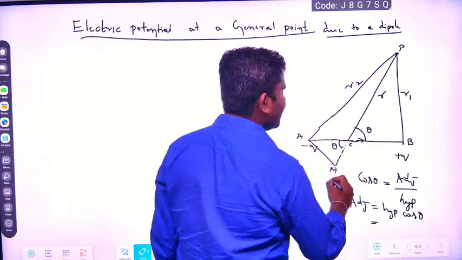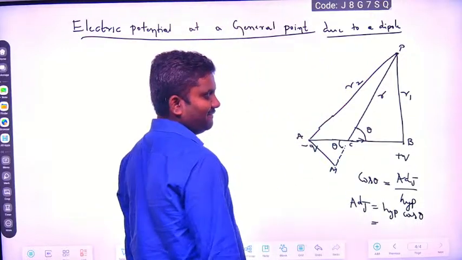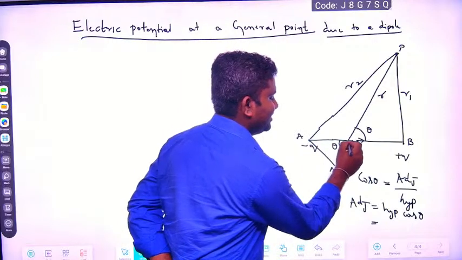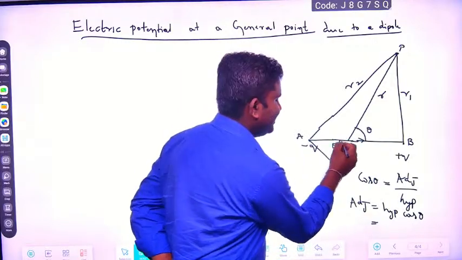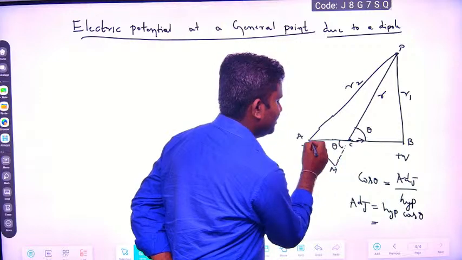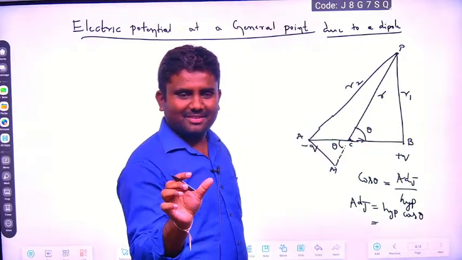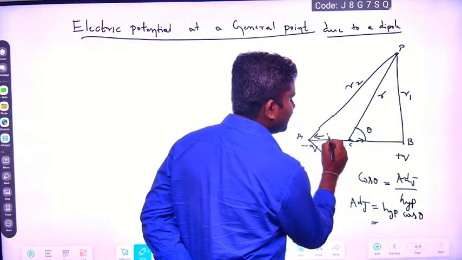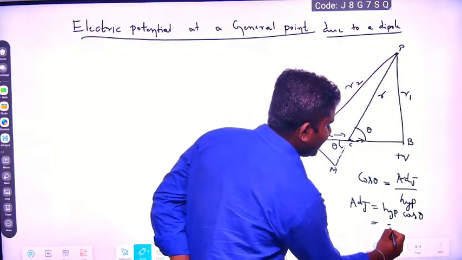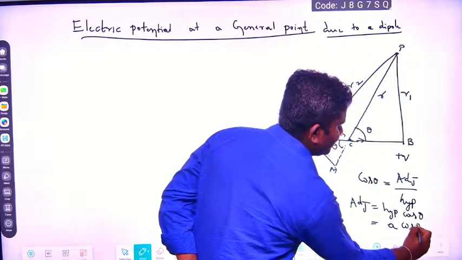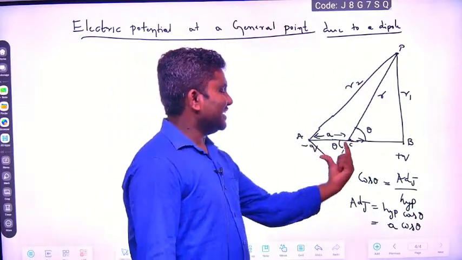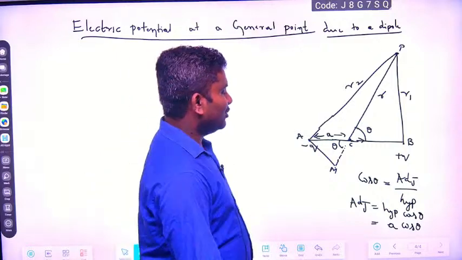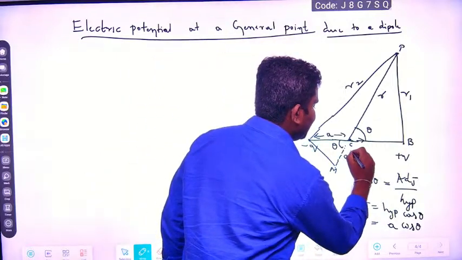What is the hypotenuse? C to A, CA. What is CA? Center of the dipole to the charge Q. What is the distance? a, half the distance of the dipole. So this extended line is a cos theta. Correct? Okay. Now I will write here: it is a cos theta.